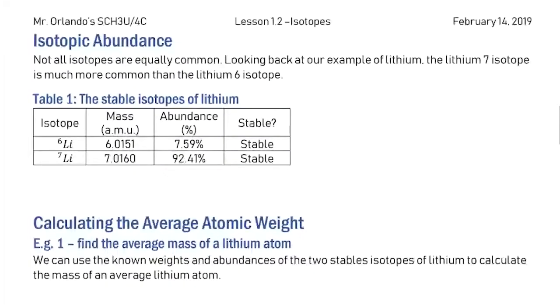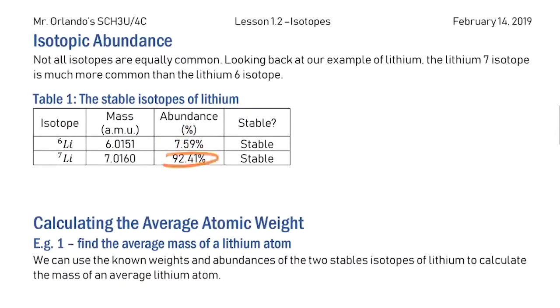If we look back at our example of lithium, the lithium-7 isotope is a lot more common than the lithium-6 isotope. In fact, if you look at these numbers here, you can see that in nature, we do find lithium-6, and it has a mass of 6.0151 atomic units, but it only occurs about 7.59, 7.6% of the time.